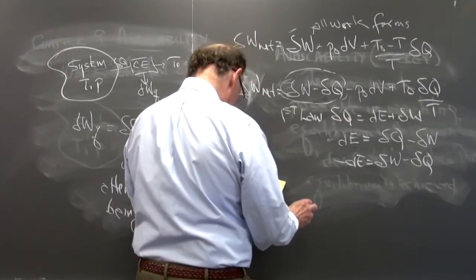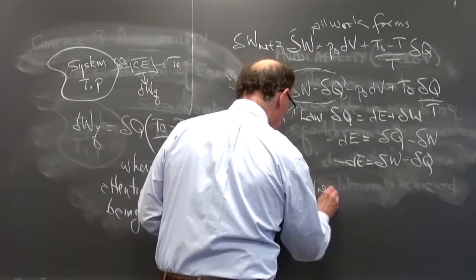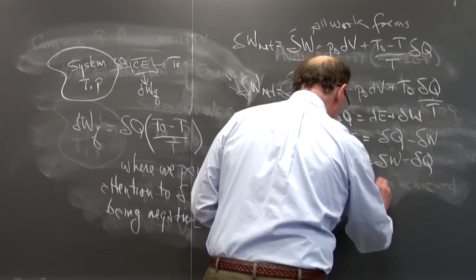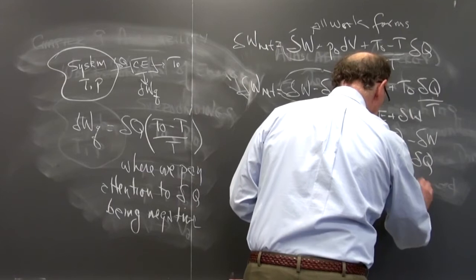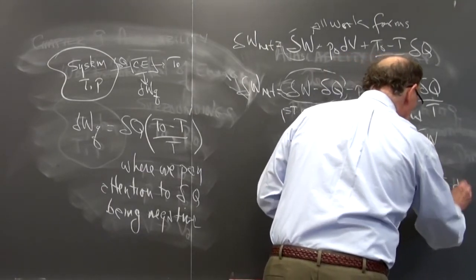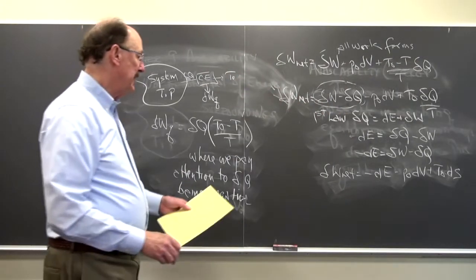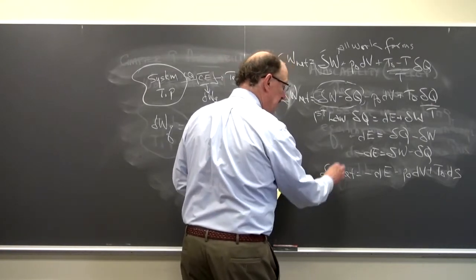And so then I have del W net is equal to minus dE minus P0 dV plus T0 dS. What this gives us then is the maximum work.